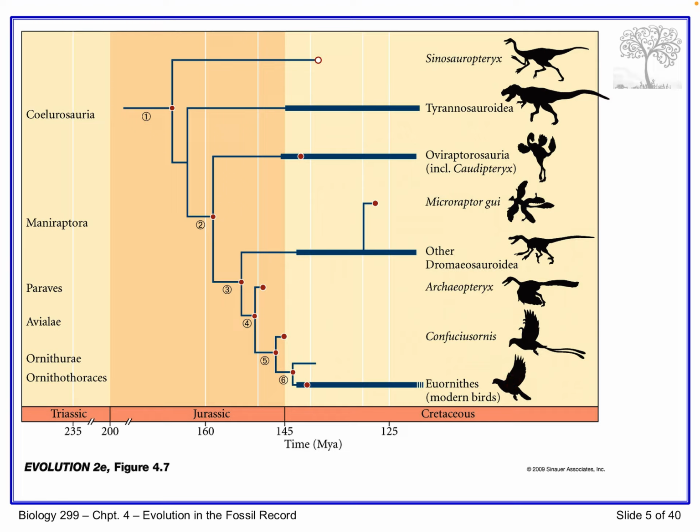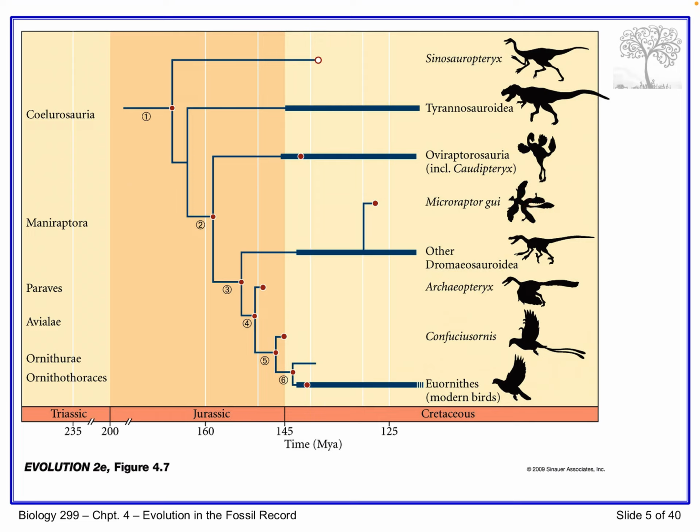Modern birds do have some features in common with theropod dinosaurs, skeletal features in particular, but they also have a lot of newer, more derived features that the theropod dinosaurs didn't have, like the asymmetrical flight feathers that produce lift, versus the symmetrical flight feathers of some of these feathered dinosaurs that maybe were just gliders, could glide from one tree to the next, that sort of thing.